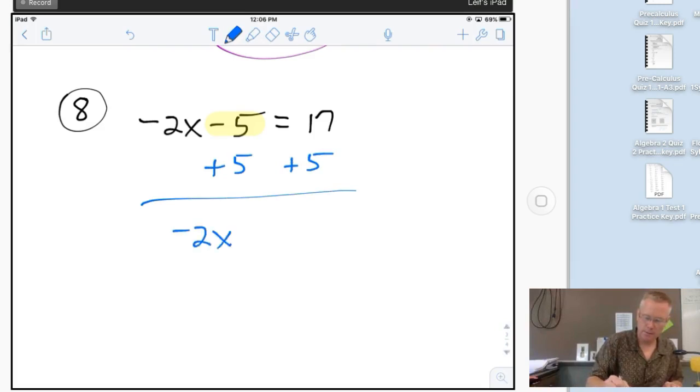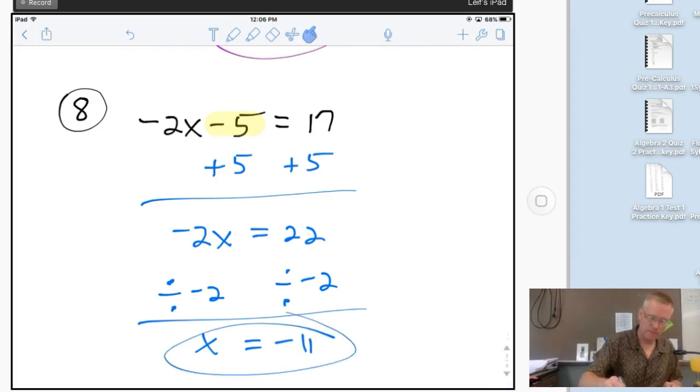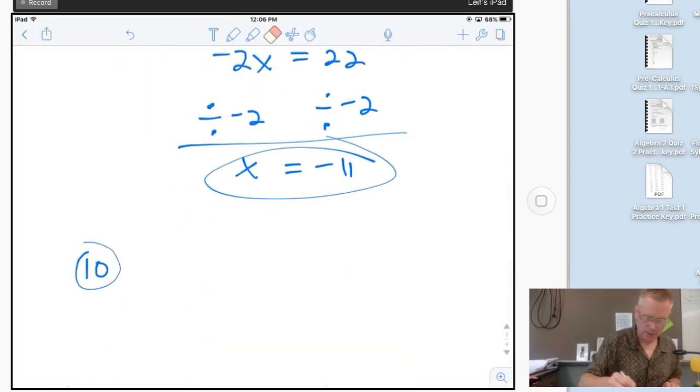And then I got negative 2x equals 17 plus 5, which is 22. And then I'm going to divide by what's in front of the x, which in this case is negative 2. And I'll have x equals 22 divided by negative 2, which is negative 11. And that's it. Oops, 9, not 8, not 10. Getting ahead of myself.